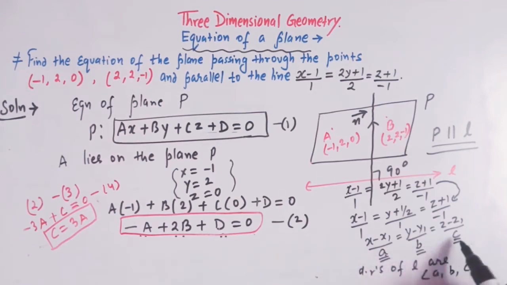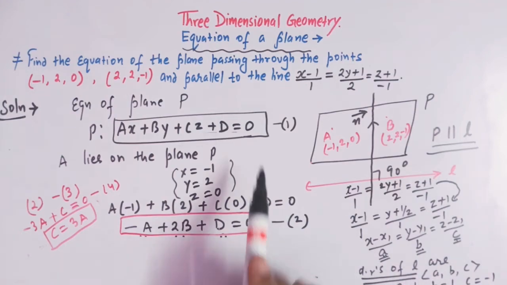And when we compare these 2 equations, we see that we can take a as 1, b as 1, and c as minus 1, right? So a is 1, b is 1, and c is minus 1, right? Okay, so we have obtained the direction ratios of the line L, right?